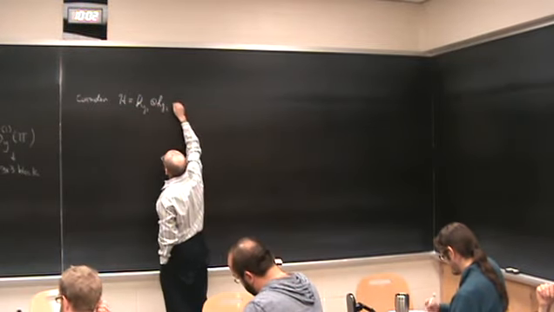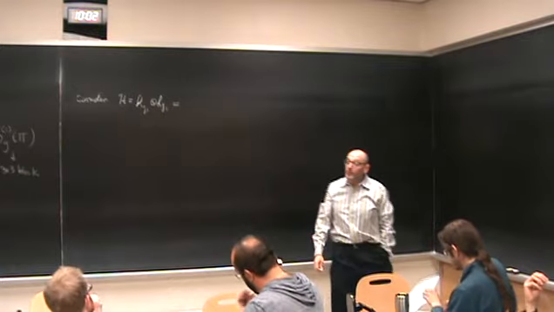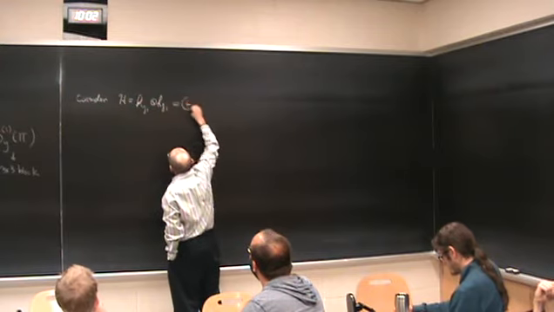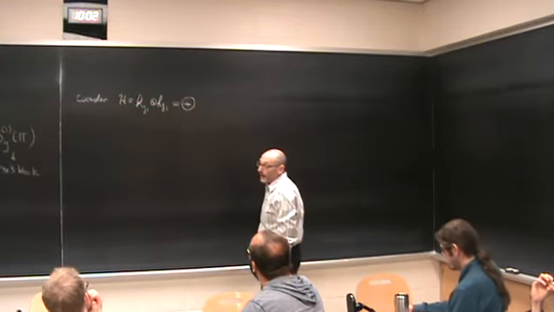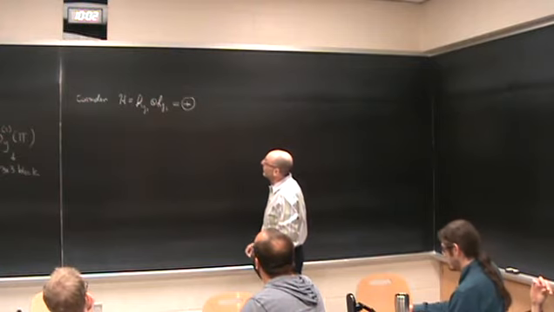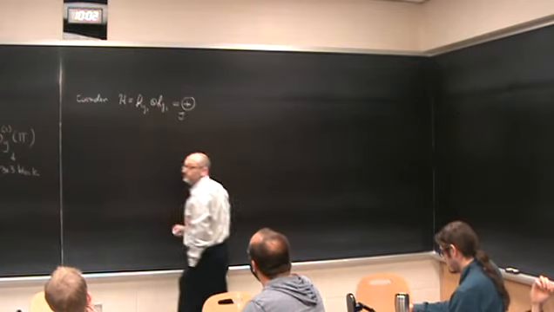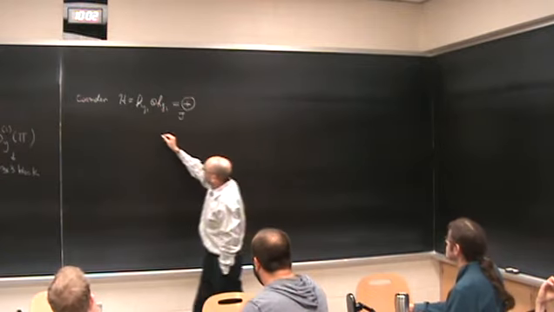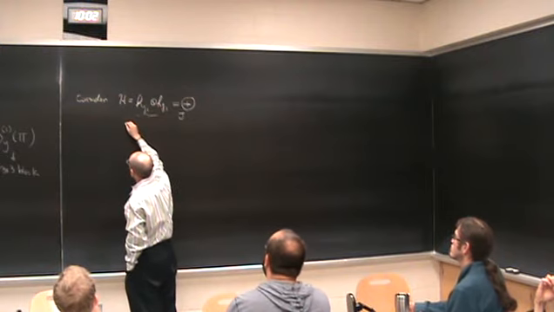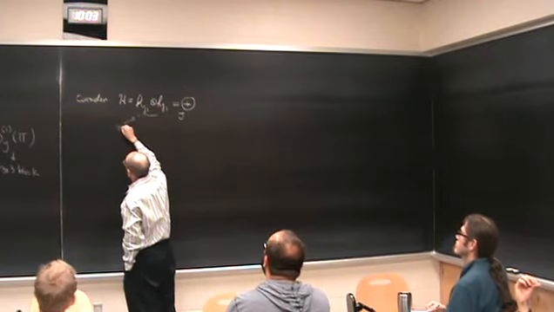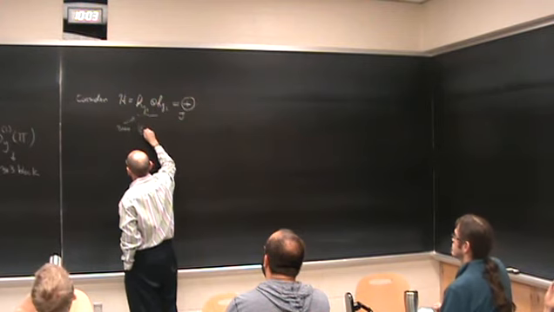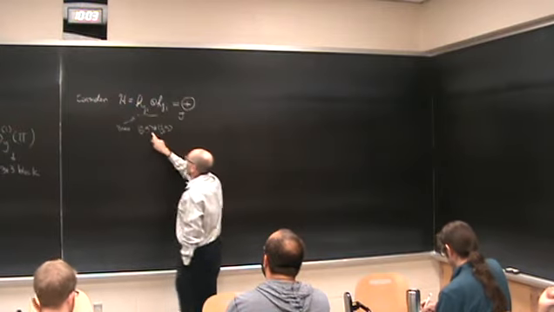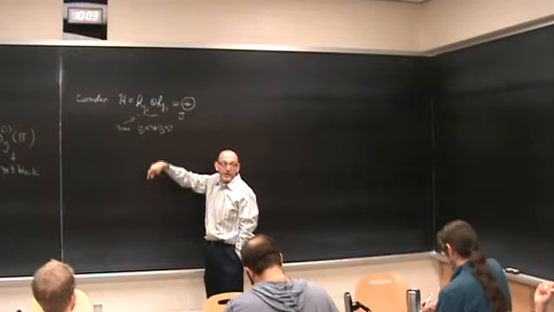Of course, this Hilbert space can be expressed as a direct sum of Hilbert spaces associated with the total angular momentum J. Think about the natural basis here, the tensor product basis, where M1 goes from minus J1 to plus J1.